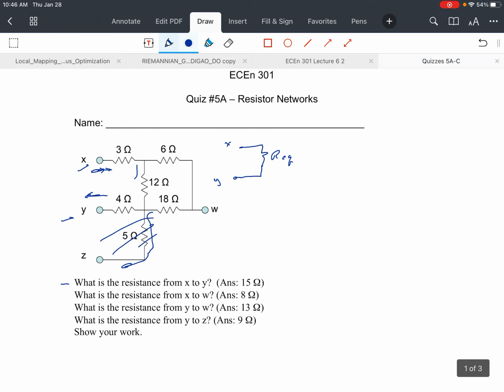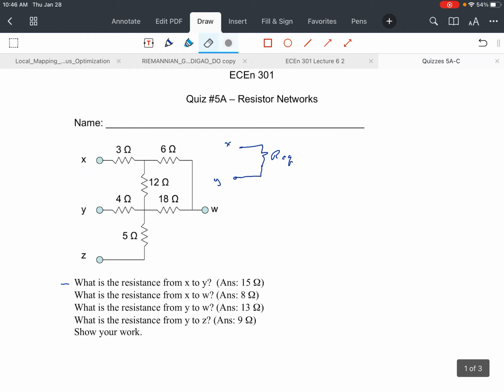The basic idea is we're going to combine resistors in series and parallel until we get down to an equivalent resistance. Remember, resistors are in series if the same current flows through them, and they're in parallel if they have the same voltage.